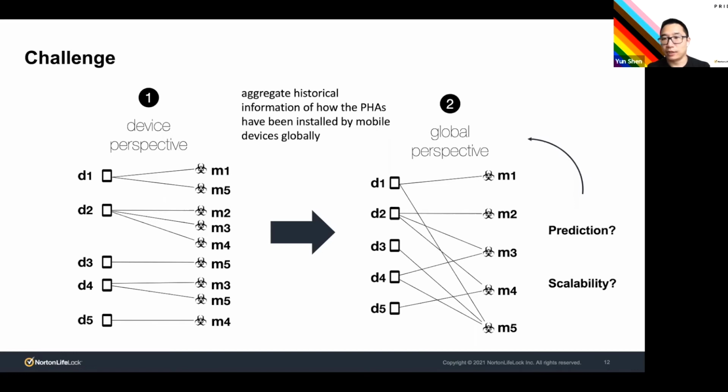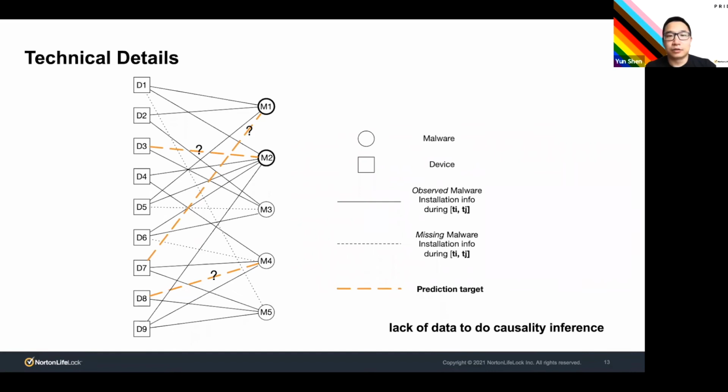In that way, we'll be able to offer a better view of what is happening globally. From there, we have two questions to solve. How do we do prediction using this global PHA installation graph? And how do we devise a method that is scalable to a global PHA installation graph that is potentially going to be reasonably large?